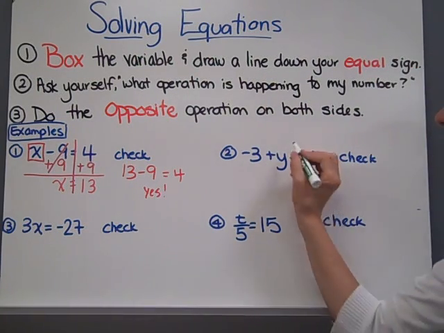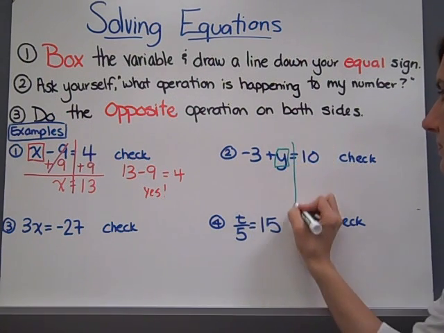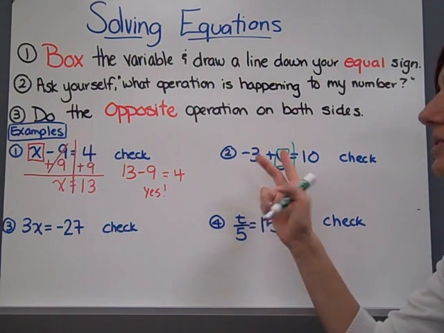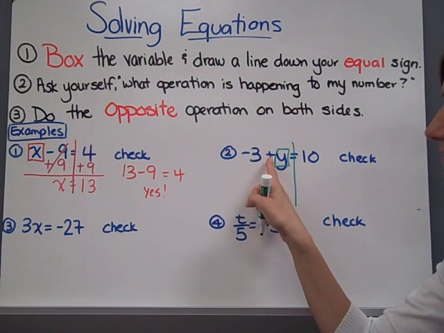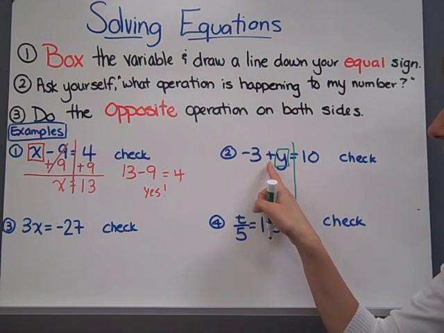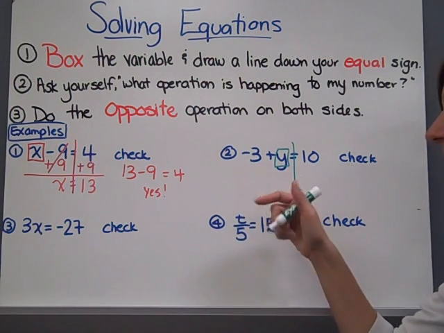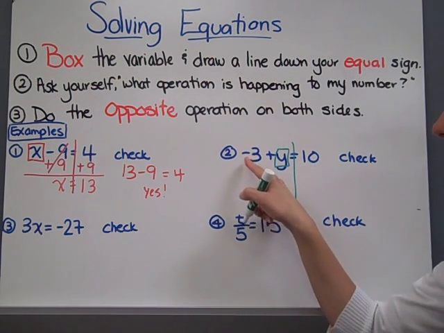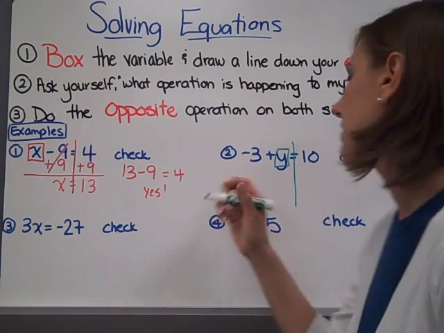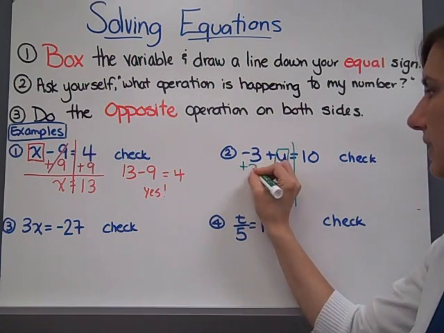Question number 2 is a little bit trickier because you have this there. You could switch this around if you wanted to, but you don't just switch around the positive sign or plus sign. You'd have to write y minus 3. Now that helps you understand, since it's minus 3 or negative 3, remember that's interchangeable, I'm going to do plus 3.